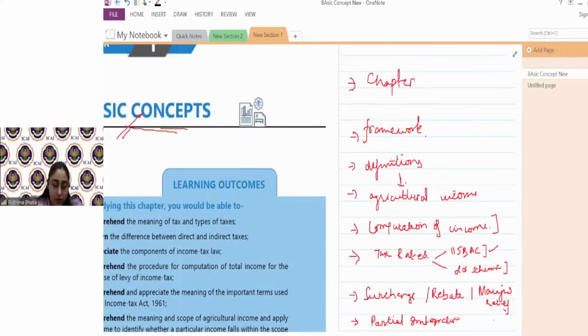What today's class would be doing is to create your solid foundation, which would help you not only in understanding income tax for the intermediate level, but also, to be very honest, to understand income tax throughout your life. It will be a solid foundation.